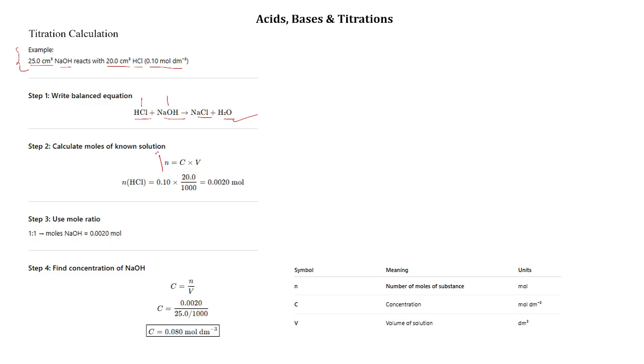Always remember this formula, n = C × V. This is one formula that will help you solve the majority of problems in titration. n is the number of moles, concentration is in moles per decimeter cube, and volume is in decimeter cube.